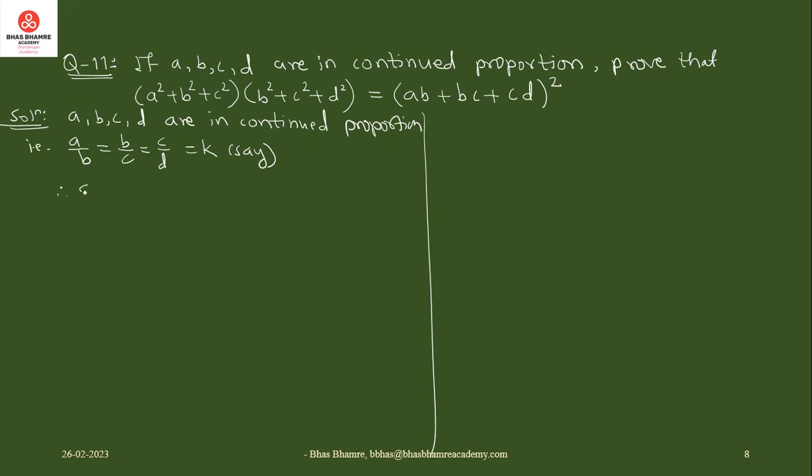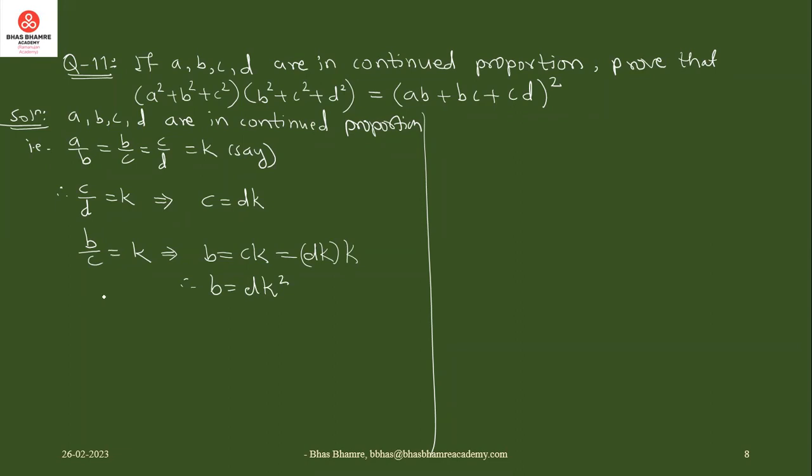Therefore, C upon D is K, which gives us C is equal to DK. Then B upon C is equal to K, which gives us B is equal to CK, but C is already DK. So DK into K, we get B is equal to DK square.